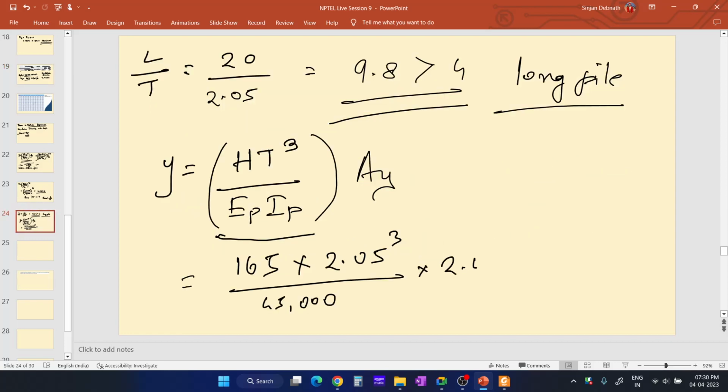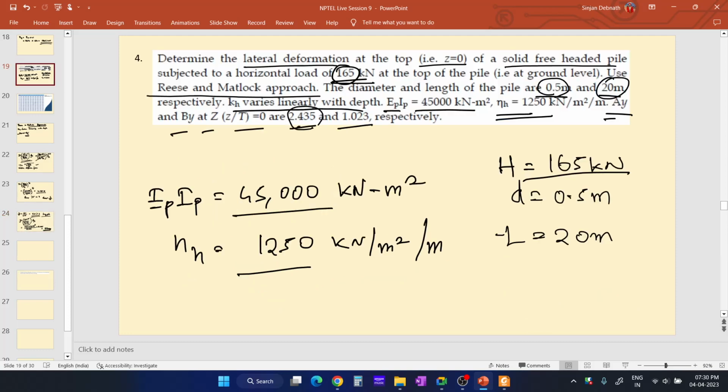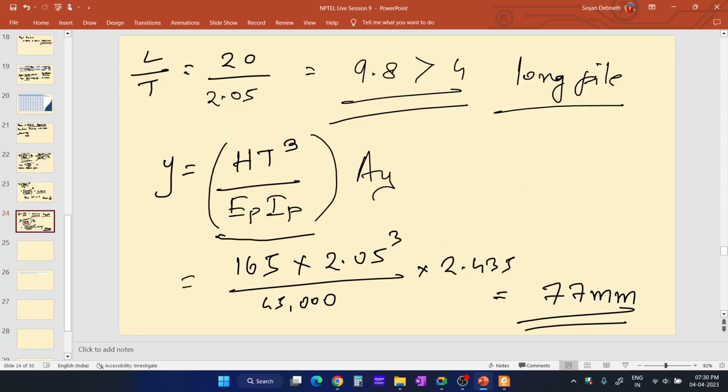Now, if you calculate this, you will get the value of Y. Y will come out to be 77 millimeter. So this is the value of lateral deflection of a pile if you solve this problem using the Reese and Matlock approach. Okay, so this is the answer.